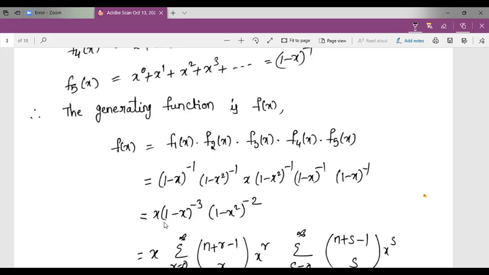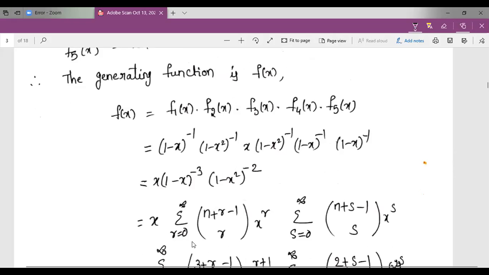So this is of the form (1 - x)^(-n). Here also (1 - x^2)^(-n), where the x value is equal to x^2. So what is the formula for (1 - x)^(-n)?